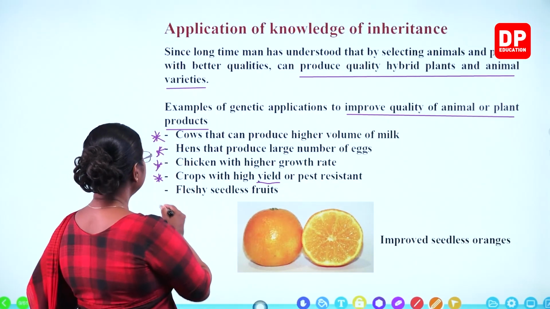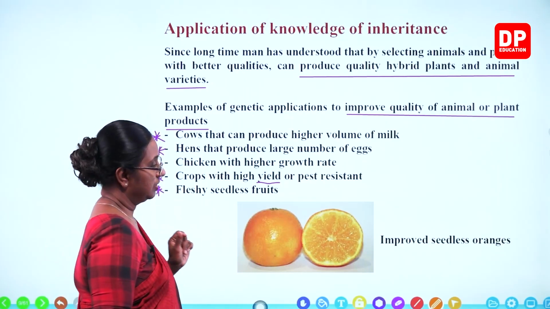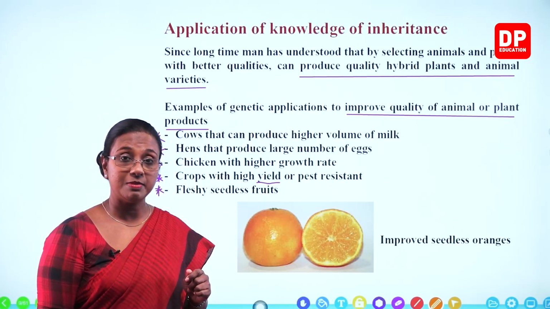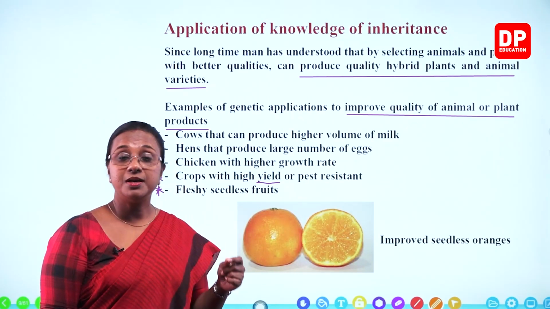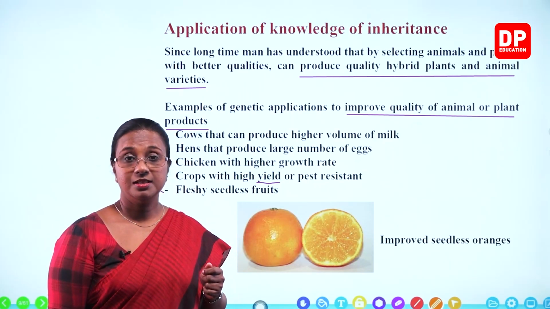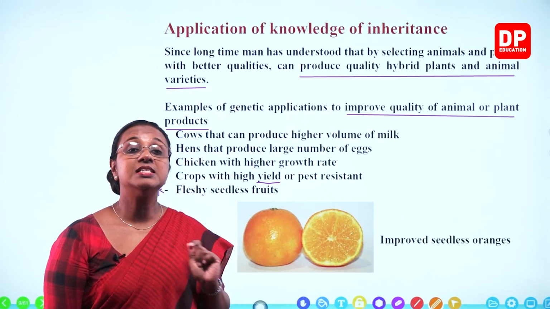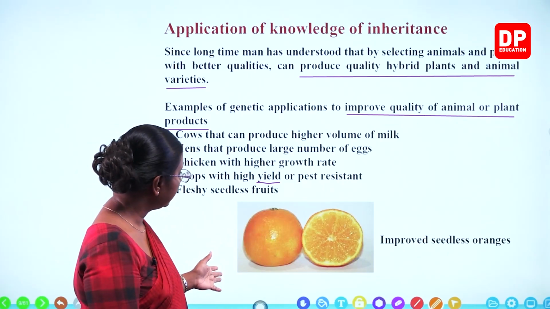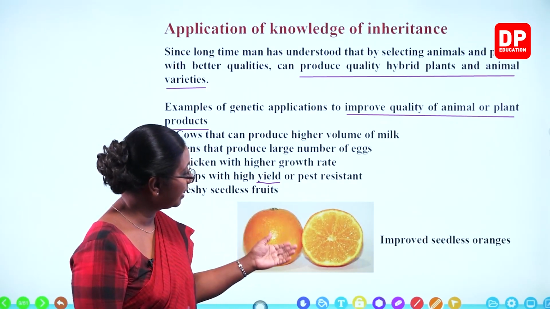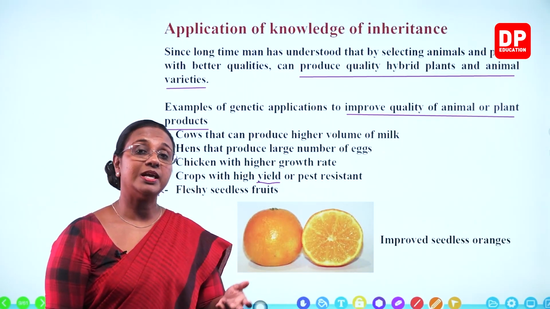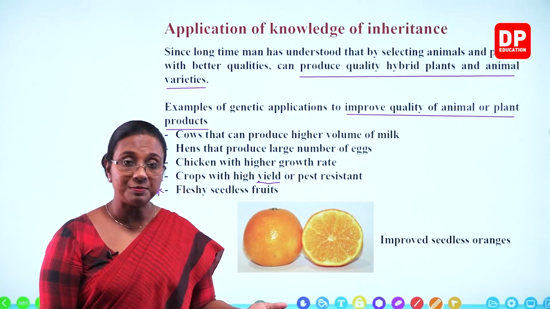Then fleshy, seedless fruits. We have discussed parthenocarpy. You can remember. Fruits that are produced without the fertilization process. So we can produce seedless fruits. So here in the diagram, they have shown improved seedless oranges. Like this, we can have seedless grapes, seedless apples.